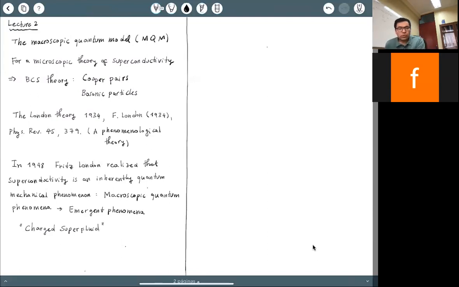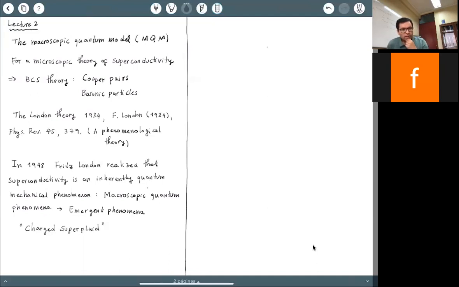This concept is also useful when you treat superconductivity using the Landau theory for phase transitions. The Landau theory is a very general theory for describing phase transitions.